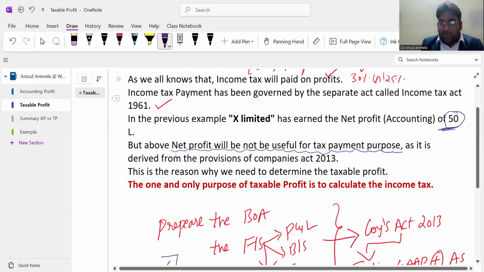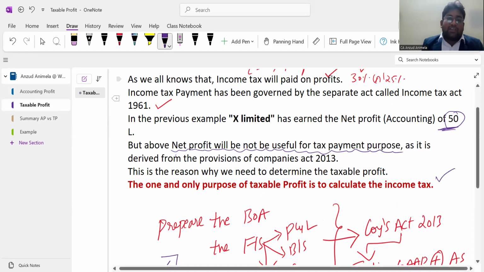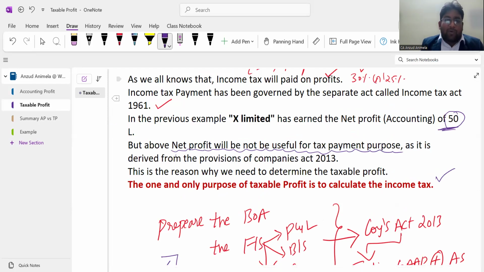You all know the reason: this 50 lakhs has been derived from the Companies Act, not from the Income Tax Act, but the tax rate comes from the Income Tax Act. This is the reason why we need to determine the taxable profit. The one and only purpose of taxable profit is to calculate the income tax.